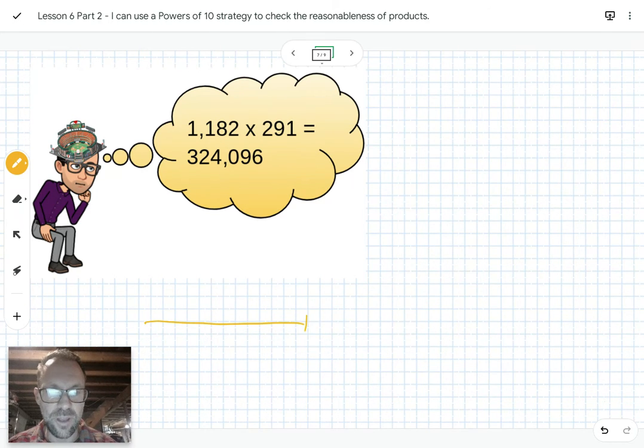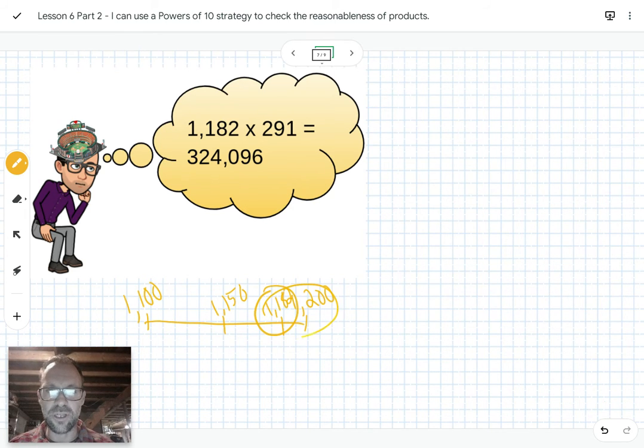If I drew a number line here, let's see, if this is 1,100 and this is 1,200, 1,100 here, that's 1,150. So that means 1,182 would be like right here, which is really close to 1,200.